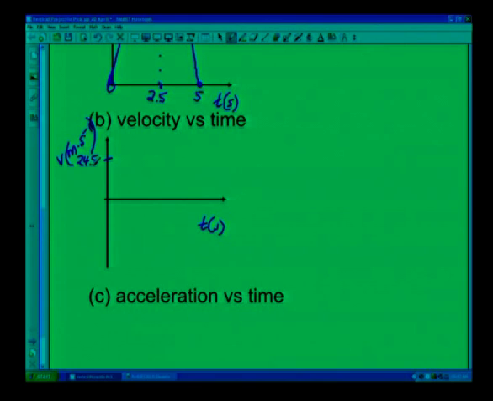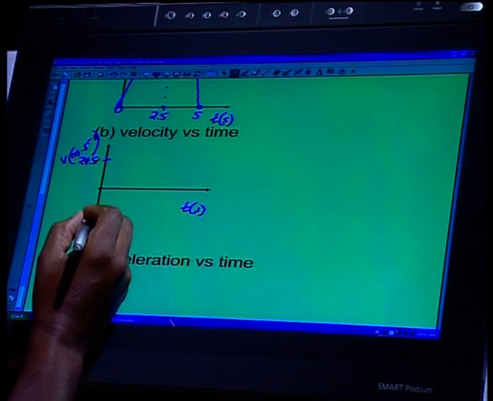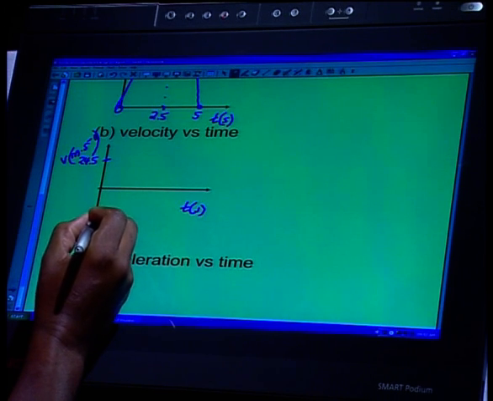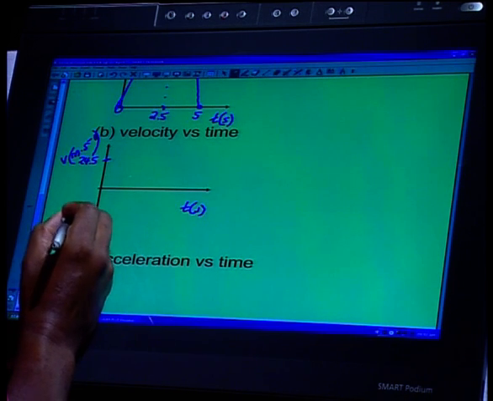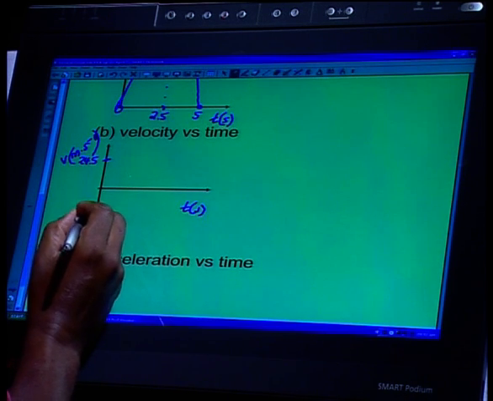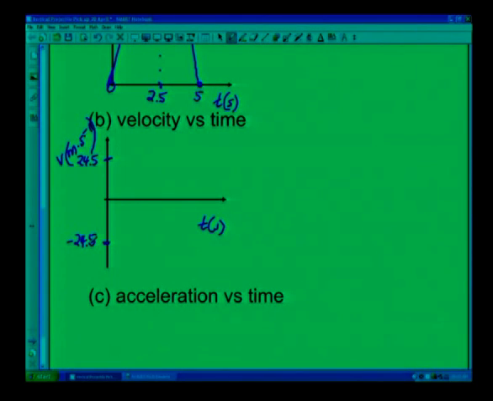Now, if it was thrown up at 24.5 meters per second upwards, it's going to reach the thrower's hand after 5 seconds at a velocity of minus 24.5 meters per second. And that is when the 5 seconds mark is reached, okay?